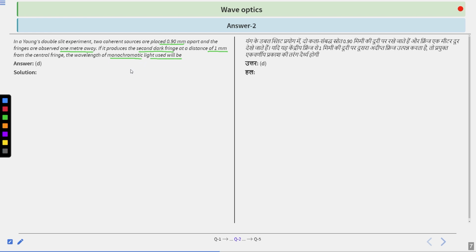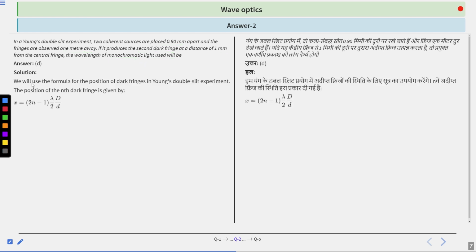So we will use the formula for the position of dark fringes in Young's double slit experiment. The position of the nth dark fringe is given by this formula: x equals (2n minus 1) times lambda D divided by 2d.